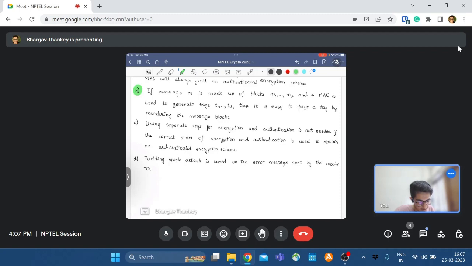D is padding oracle attack is based on the error message sent by the receiver. Well, this is true because recall that in the padding oracle attack, the adversary was cleverly altering the last block of the ciphertext, in the hopes of finding out first the length of the padding and second the last byte of the message.